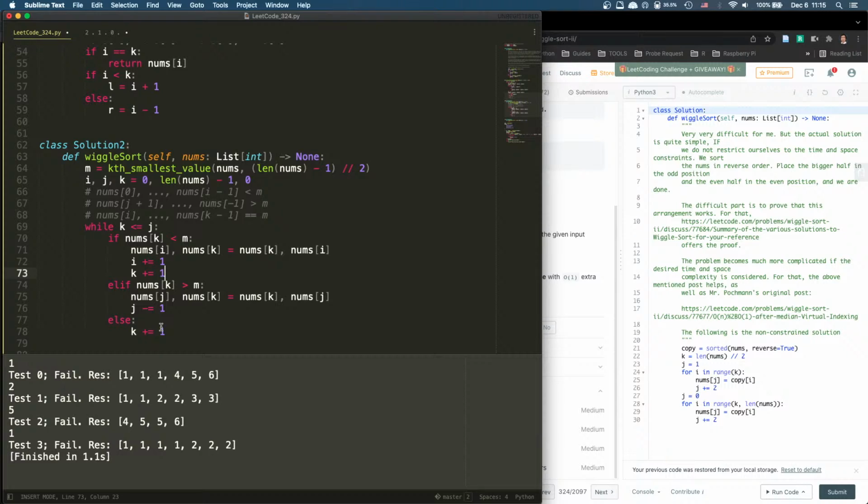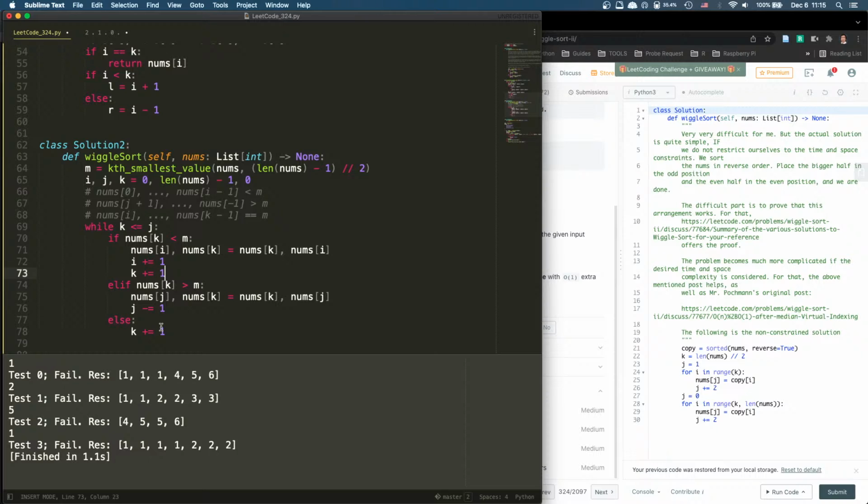So eventually, k will encounter j, right? When k encounters j, if this value is smaller than m, then we're gonna swap with I, which is m, so I will still point to m, but k will move forward, right? K will move forward into the territory of j, which is too big.